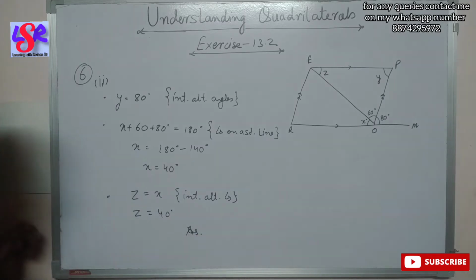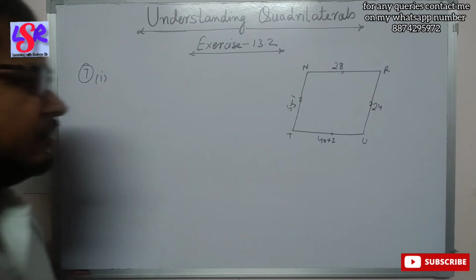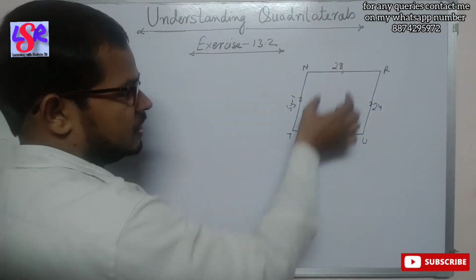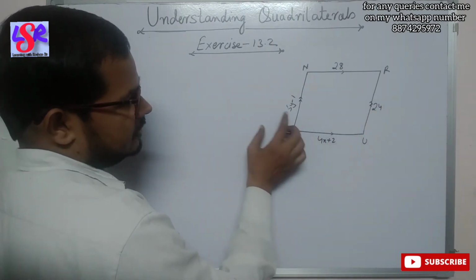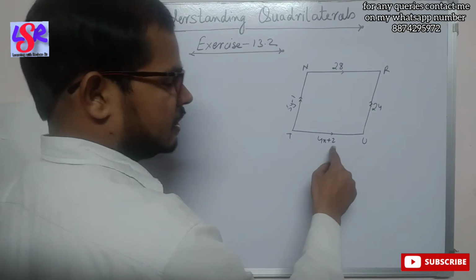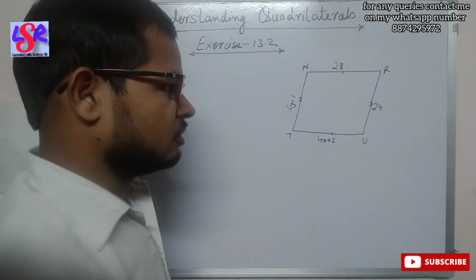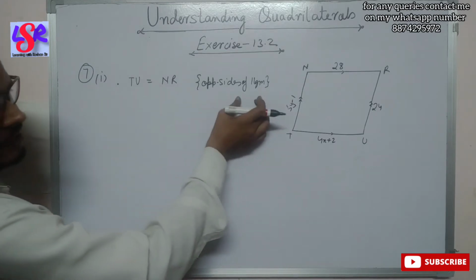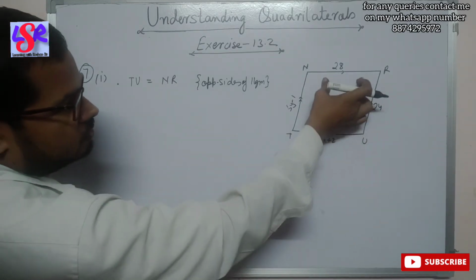Now let's move to the first part of question number 7. Here we have a parallelogram TURN, in which these are opposite sides, and here 5y minus 1 will be equal to 24 and 4x plus 2 will be equal to 28 as opposite sides of parallelogram. So here TU equals NR as opposite sides of parallelogram. So this side is equal to this one.